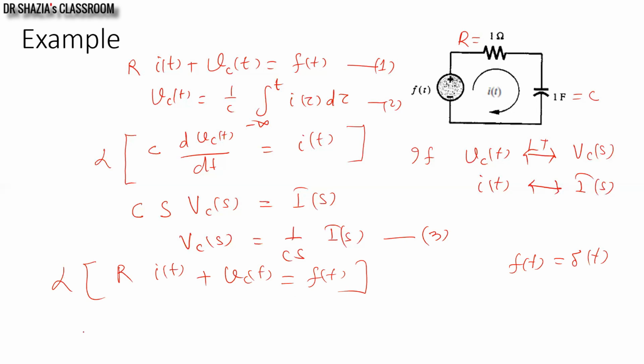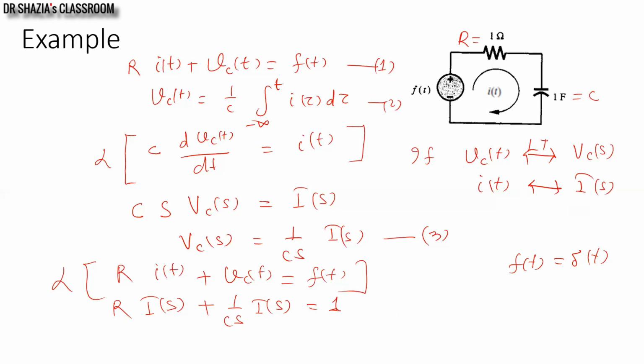So the Laplace transform will be R I of s plus, we have already calculated Vc of s in equation number 3, Vc of s will be 1 by Cs I of s is equal to, if I consider my f of t input to be delta t, Laplace transform of delta t is 1. So here we can see R I of s plus 1 by Cs I of s is equal to 1.